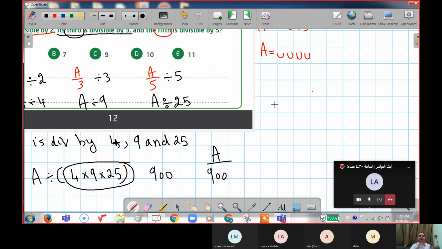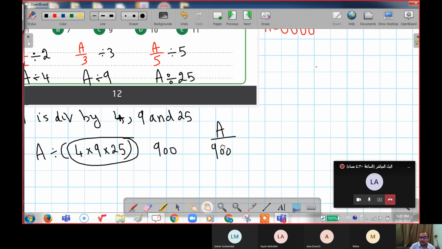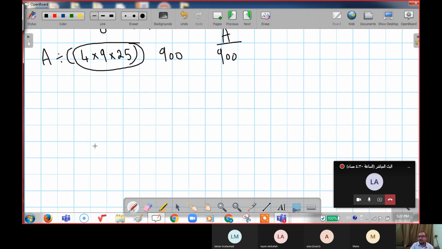And when you say the number is divisible by 7, it must be from what? The multiplication table of 7. Okay? I will repeat that. If any number x is divisible by 5, then x must be, Layan, the multiple of what? Of 5.